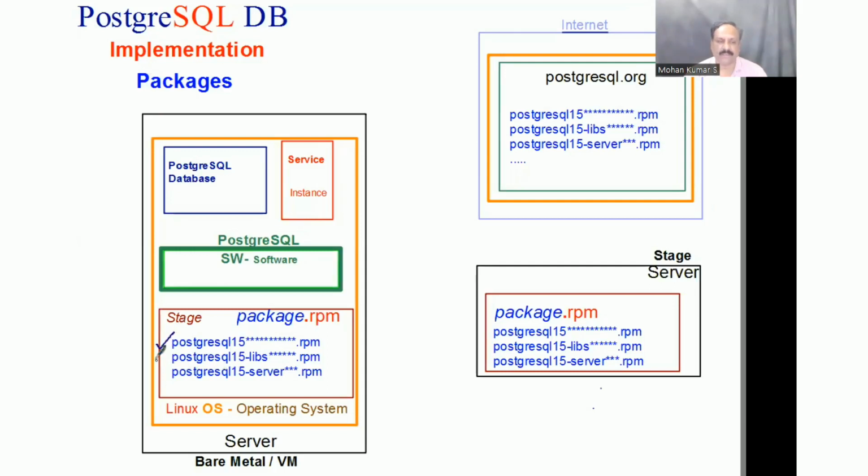To support that, we have the library package. Then we need to install the server package so that your service and database can be provisioned. These are there in the repository. Either get them directly if it is repository based, or download them to a staging server, and from there you can copy and install them. Whichever is feasible for you, you can follow one of those methods. My choice is repository based.